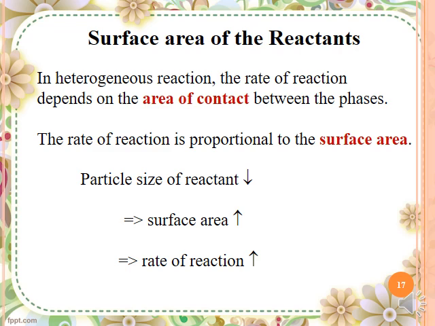If we go back to the previous reaction that involved the surface of tungsten, for example, if the surface area of the tungsten is high, meaning the particle size of the reactant is small, then the rate of reaction will be high, because the rate of reaction is proportional to the surface area. Surface area low, then the rate of reaction also low.